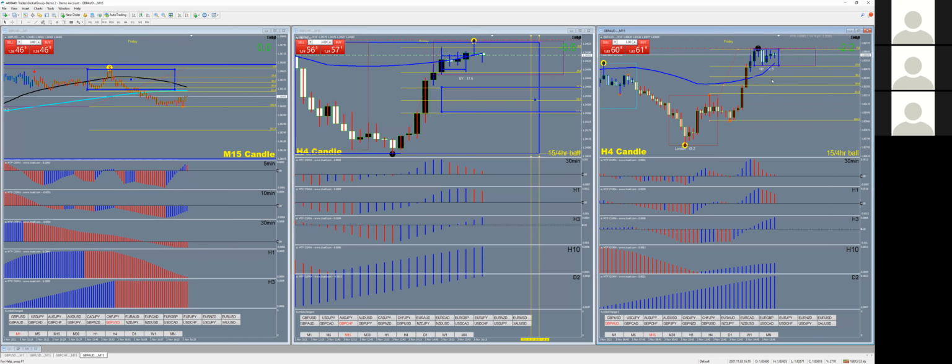It's trying to take me out. Sorry, retrace back to the 23. We're trying to see if it retraces back deeper, somewhere around here.